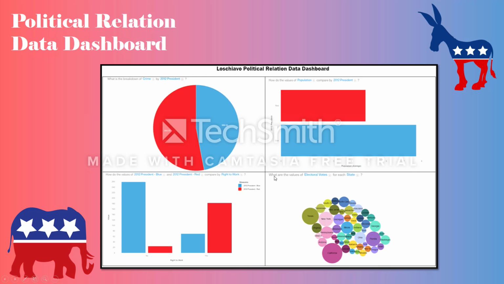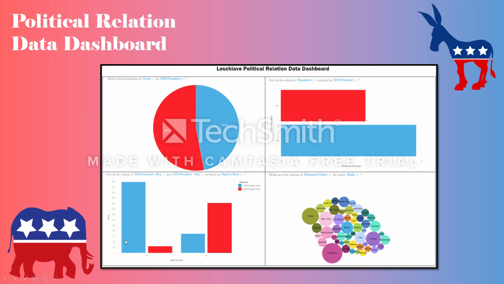In the top left corner, I have the breakdown between crime and how the state voted for the 2012 president. In the top right corner, I have the values of population and how they compare by voting for the 2012 president. In the bottom left corner, I have how the values of the 2012 president votes compare with states that were considered right to work and states that were not.